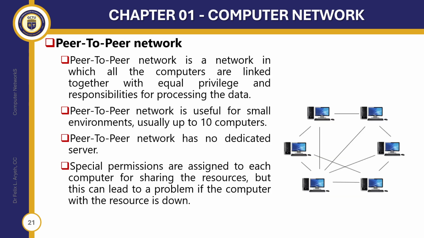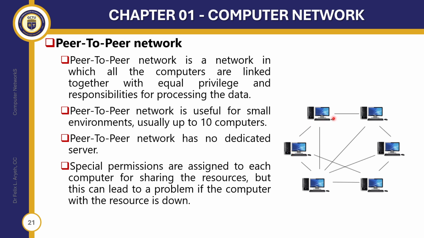Now, talking about the first one, you can see from here, this is the peer-to-peer network. It is a type of network in which all the computers are linked together with equal privileges and responsibility for processing data.